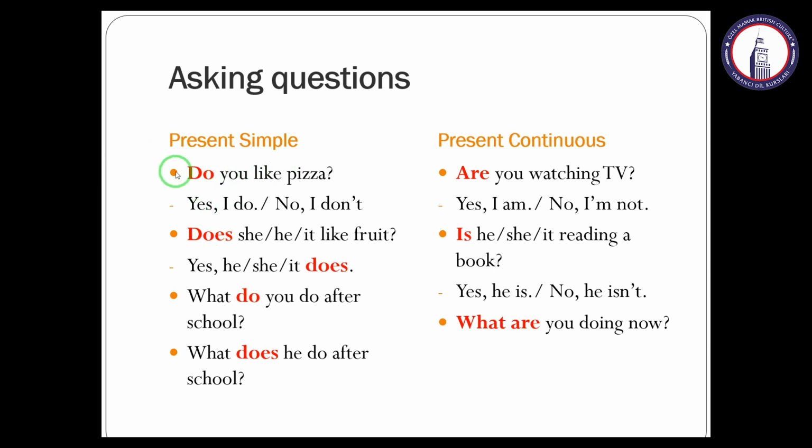But for question form, we need to bring do to the first of the sentence and does also to the first of the sentence. As I told you, when we have doesn't in negative, we don't need s or es. It will be deleted. In question, this is also true.